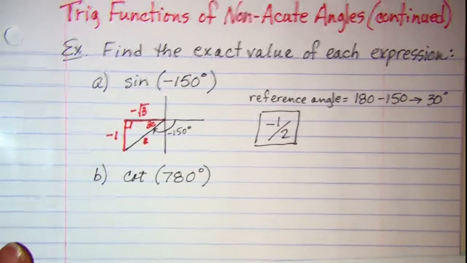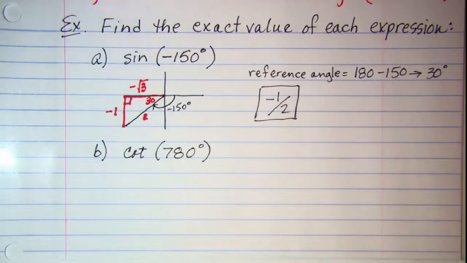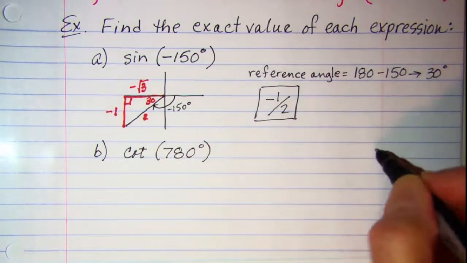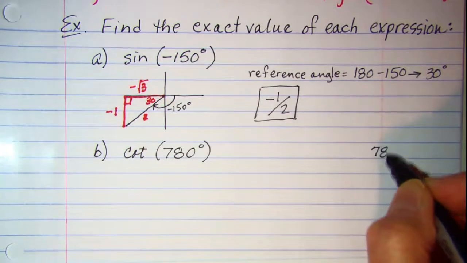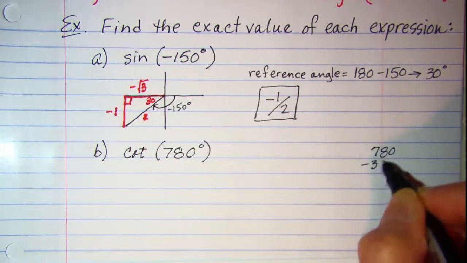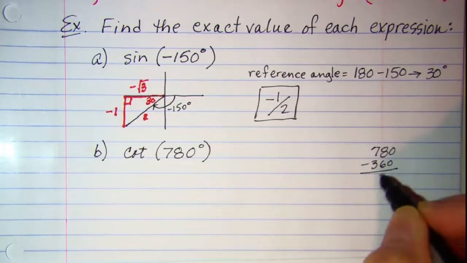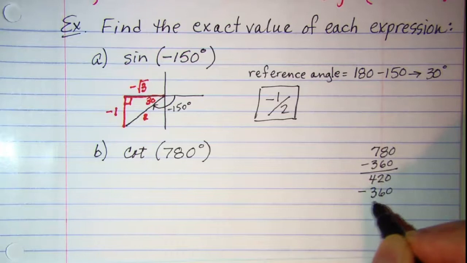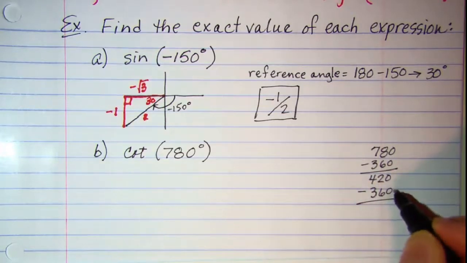Let's do another one. Now 780 is more than one revolution, so let's find our coterminal angles. 780 minus 360 is 420, and subtracting another revolution gives us 60 degrees.